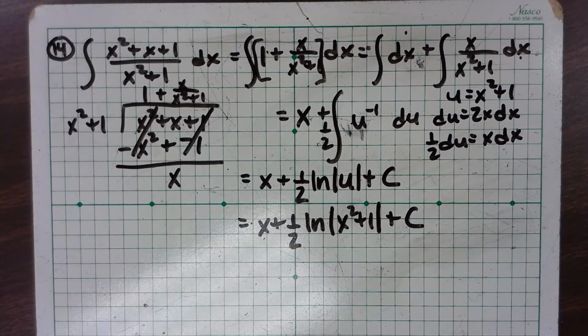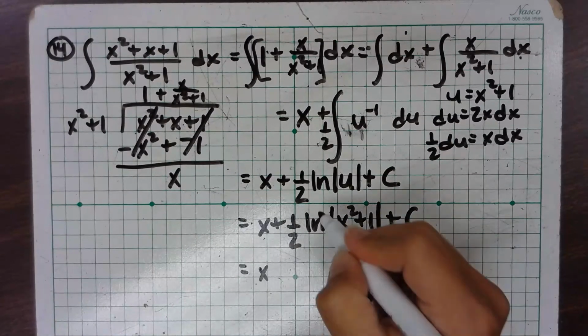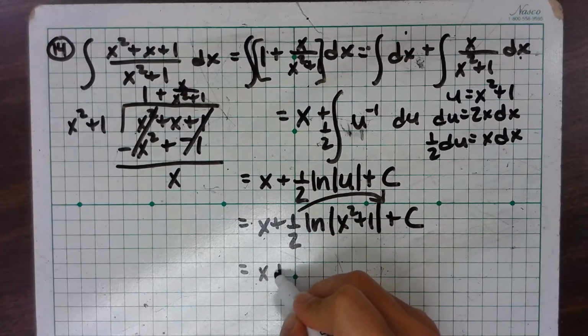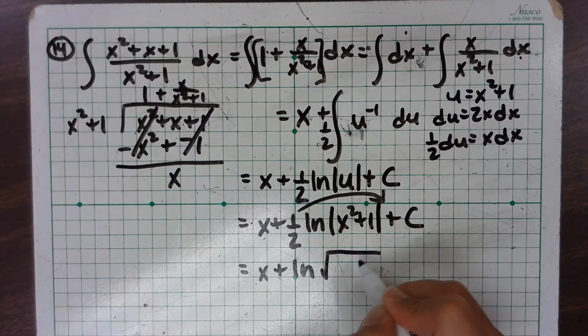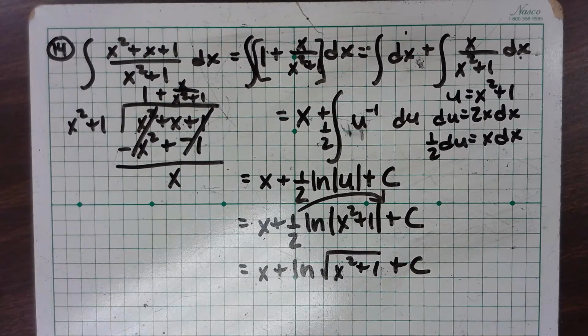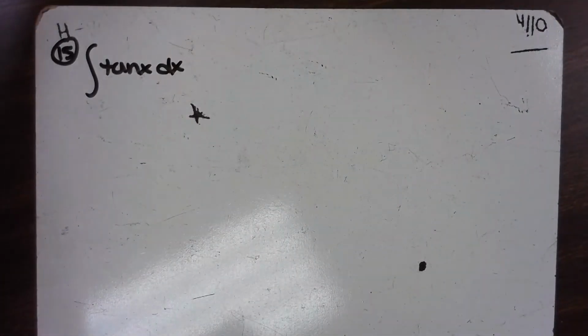All right, but I'm just going to leave my answer like that right there for right now. Now, if we want to manipulate it a little bit, remember, we can take this and raise it to the 1/2, but remember, when we raise things to the 1/2, that becomes square root. So this could be another option that you could have if it's multiple choice. Okay, we do have to think about that for multiple choice and see if we can go back as far as we can. All right, and one last problem that we want to look at here.